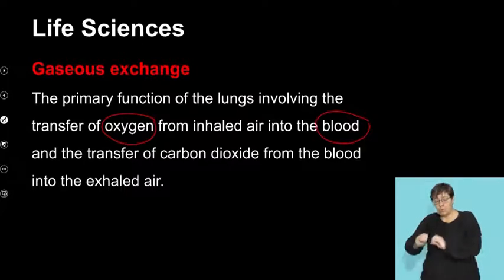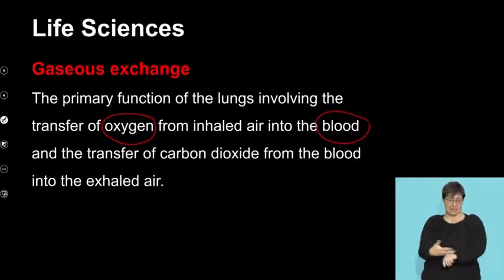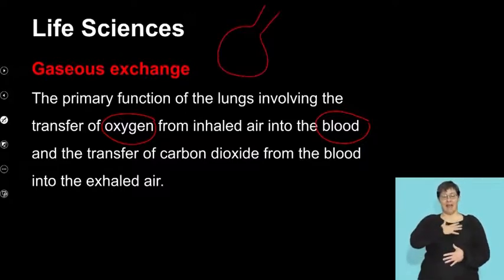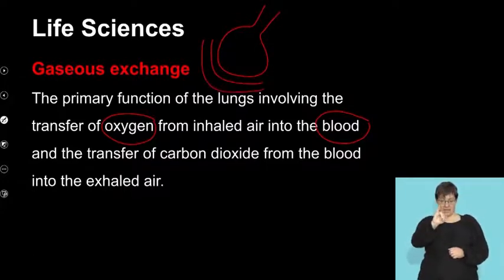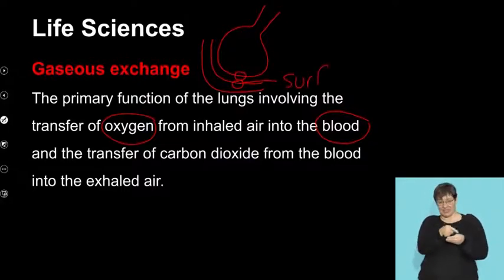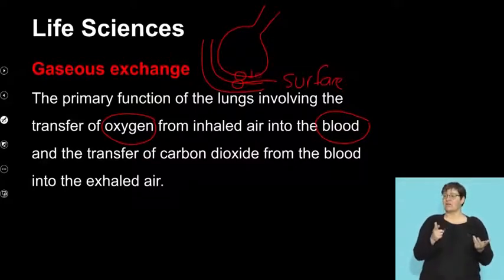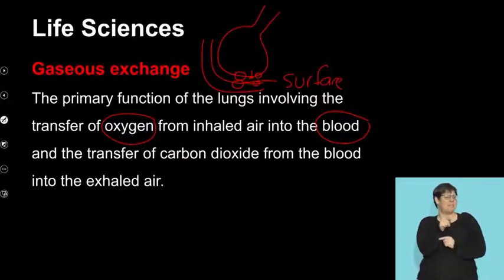If I draw my lungs over here, the alveoli, and a blood vessel over here, gaseous exchange means that gases must exchange over a surface. There must actually be something that they cross over.